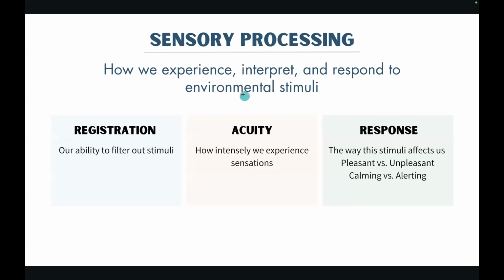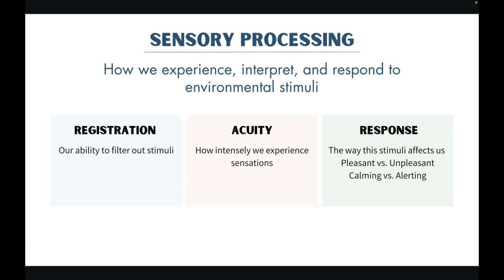So, sensory processing is going to be broken up into three main pieces, but the big thing we want to look at is how we experience, interpret, and respond to environmental stimuli. When we say sensory stimuli, it's just what's going on in our environment and in our body as part of our environment. First aspect is going to be registration. So that's our ability to detect and filter out, oh, well, this is a noise, and this noise is coming from that corner.